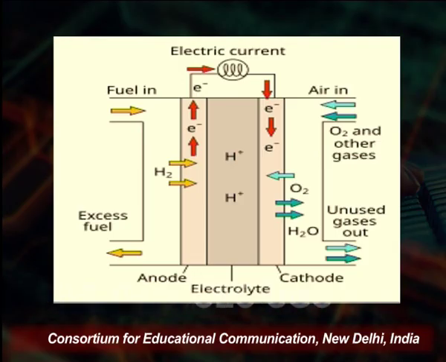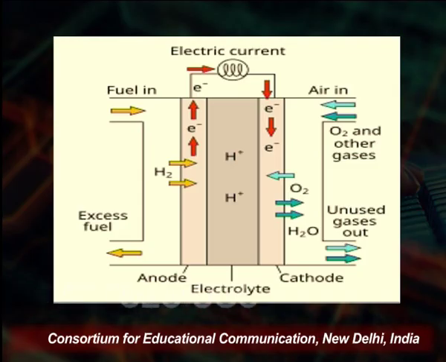On the upper side we have fuel in, and the electric current is passed through, with the hydrogen atom. Here air is passed from the right hand side, O2 and other gases may be passed. Now, you see at the bottom on the right hand side, unused gas out, that is waste, so that it will not disturb the chemical reaction.